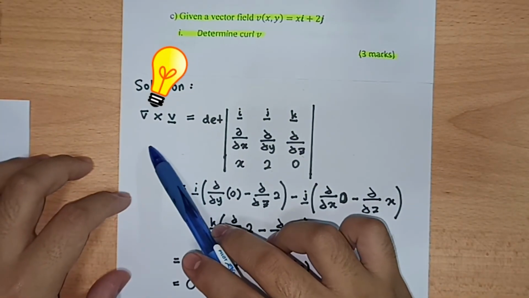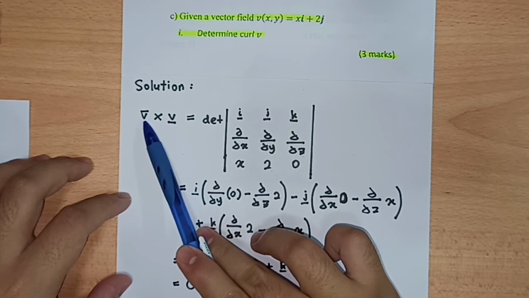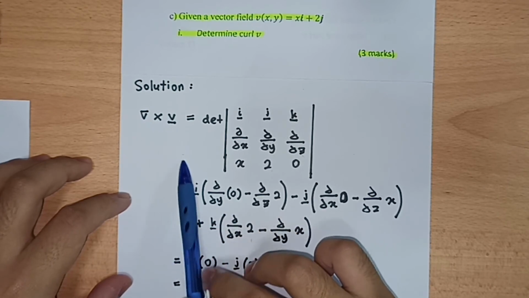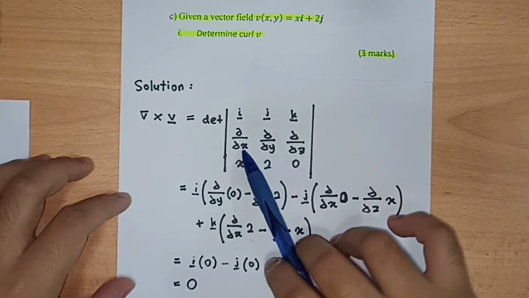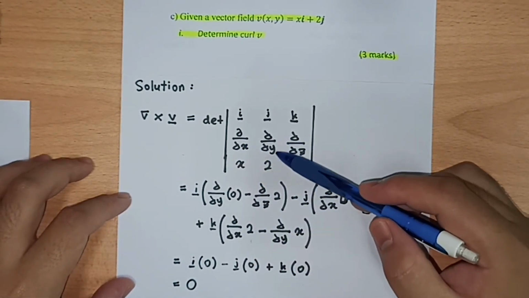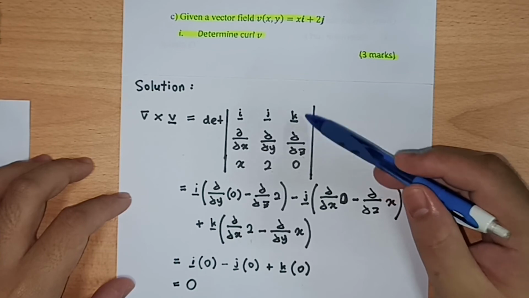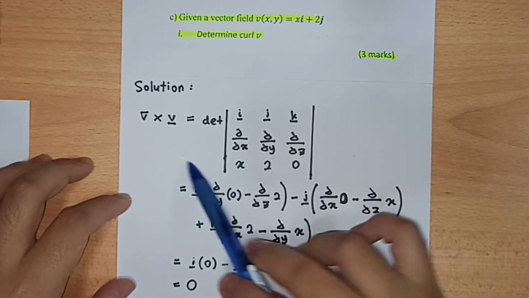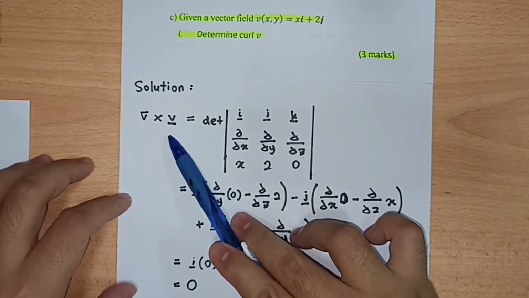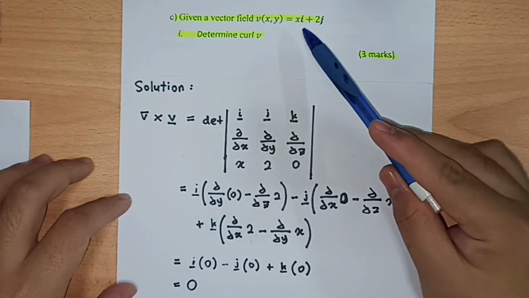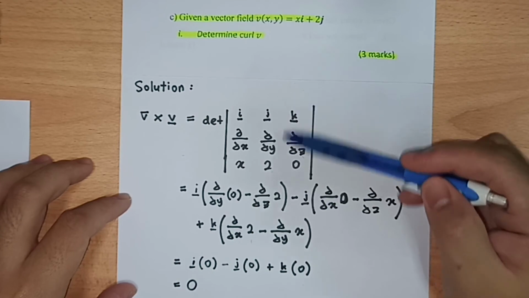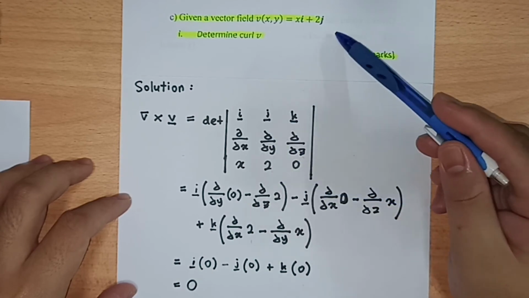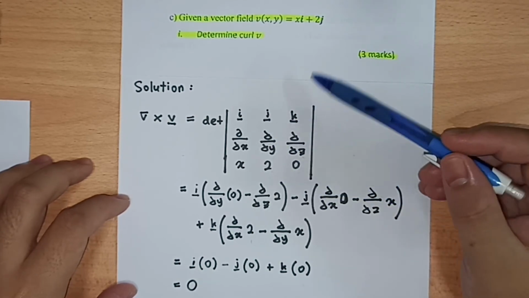The solution is del cross the vector field, where del is partial with respect to x, partial with respect to y, and partial with respect to z. So for the vector field, x is given for the i direction, 2 for the j direction, and 0 for the k direction.